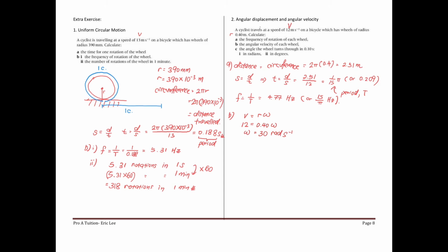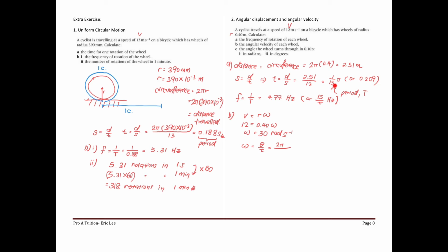You may also use omega equals theta over t as the formula to find the angular velocity, where theta, let's say, is 2 pi. That is 1 round, and when it is 2 pi, the time span will be the time for 1 complete oscillation, so that is the period.